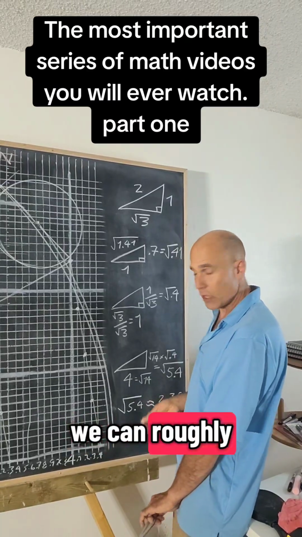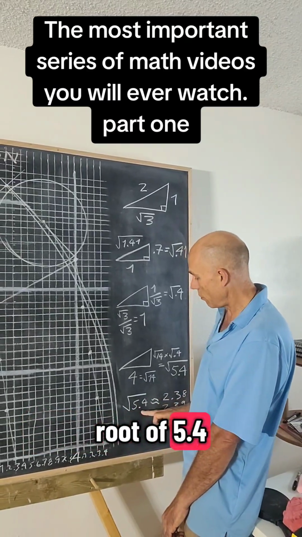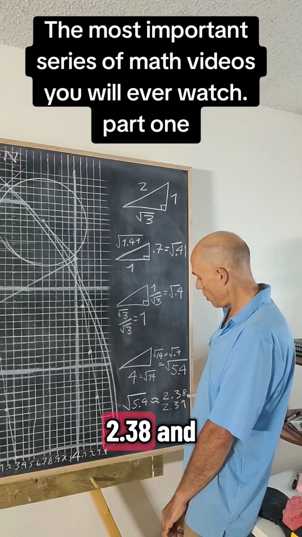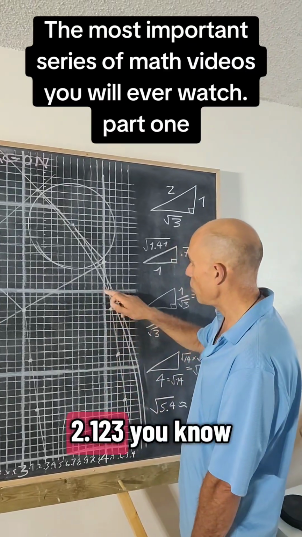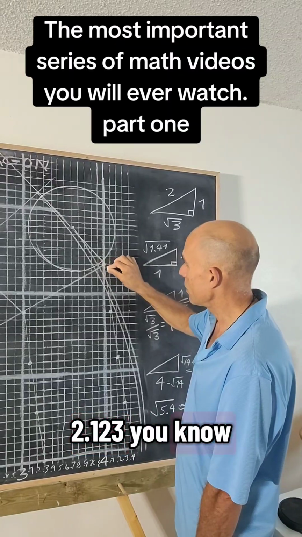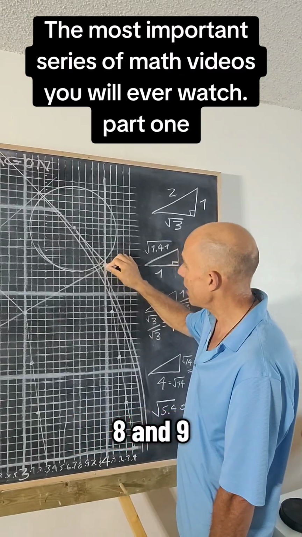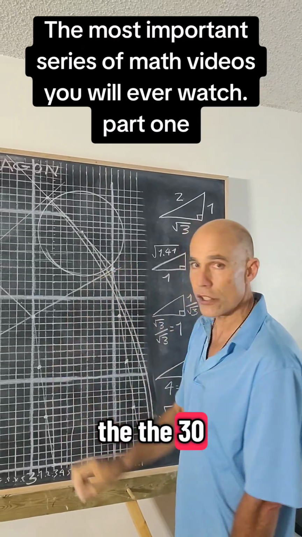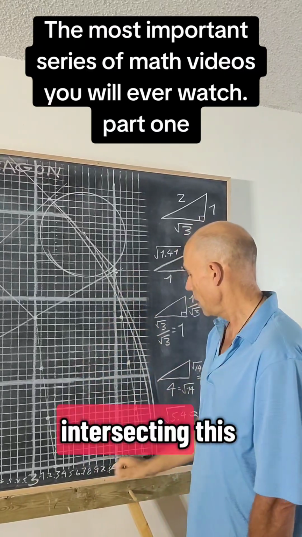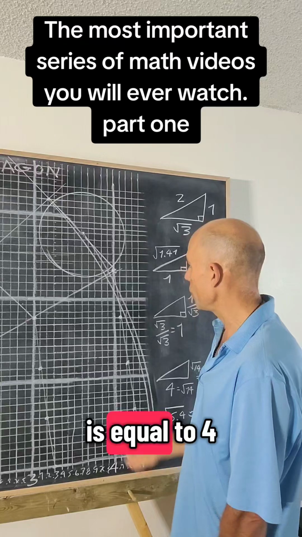And so we can roughly approximate the square root of 5.4 as somewhere between 2.38 and 2.39. So 1, 2.123, 6 is halfway, 8 and 9 just in there. So that's where the 30-degree line is intersecting this, where the x is equal to 4.